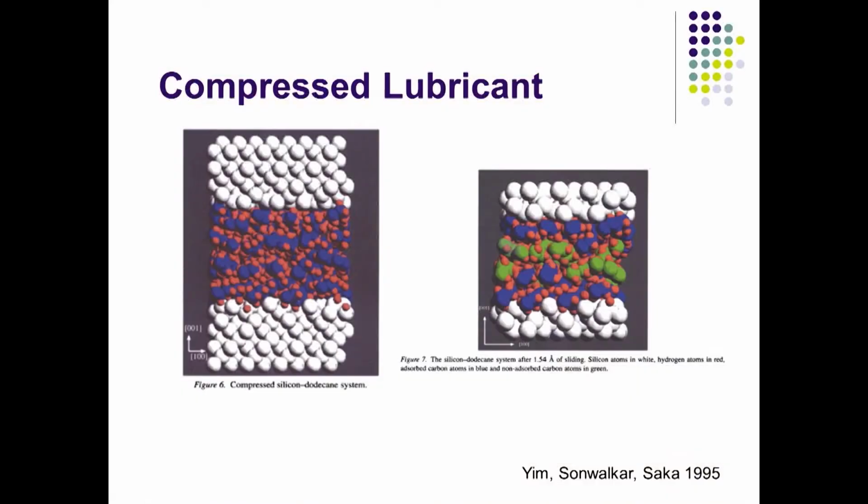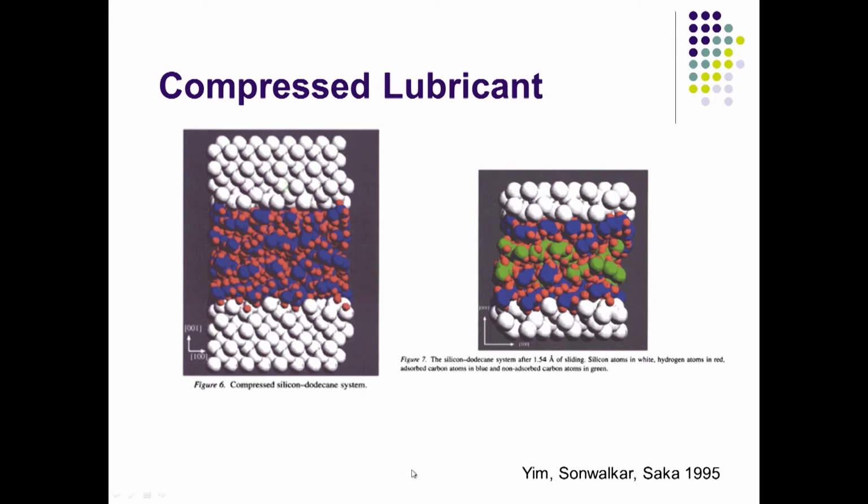Now, we look at this model about two shearing planes. In this system, I need to explain that the white atoms are silicon, the blue atoms are carbon and the red atoms are hydrogen. The dodecane layer is the lubricant material, and when you compress it, it has a much more disordered layer, but absorption happens on the top layer and the bottom layer.